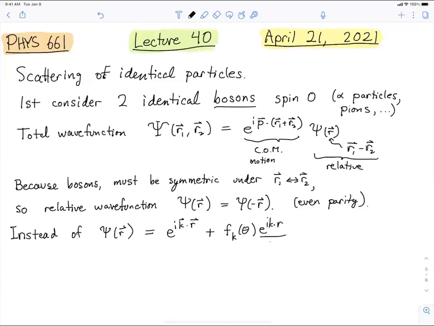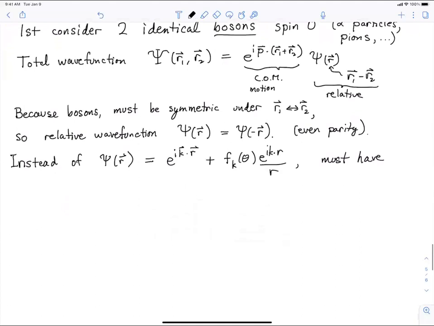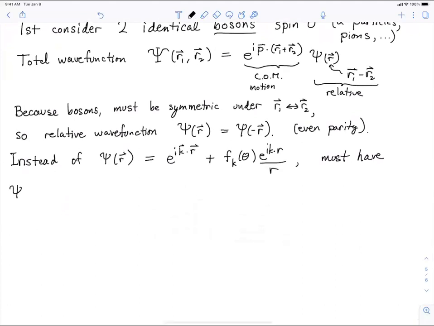Oh, and I should put my 1 over r. But instead of that, because we have two identical particles, it's got to look something like the following. My total wave function has a part describing one incoming beam plus the other incoming beam. So notice these are moving in opposite directions.